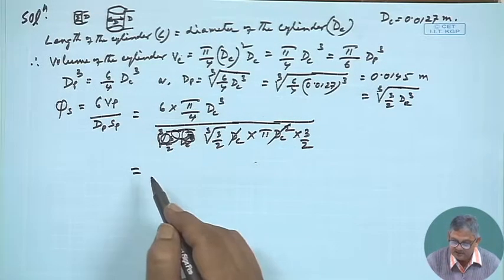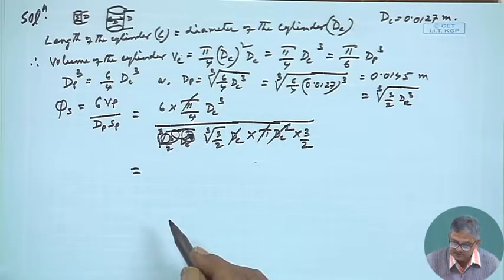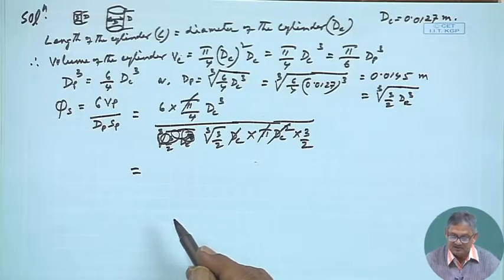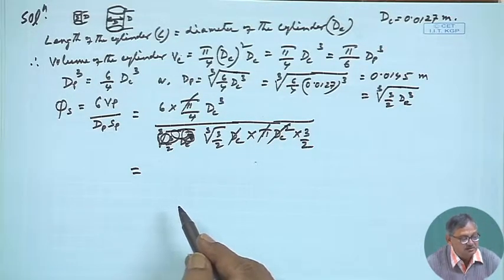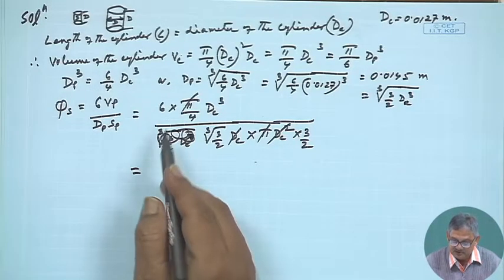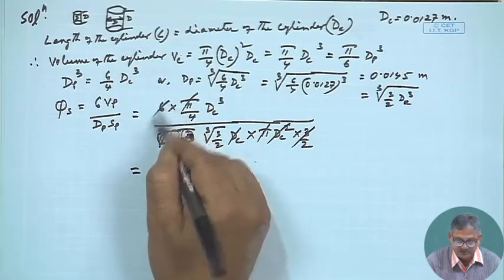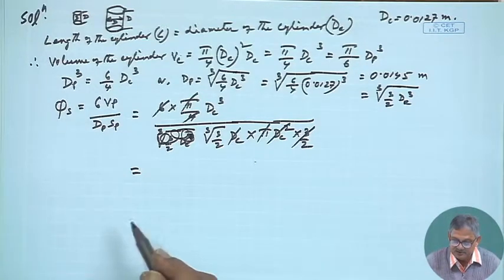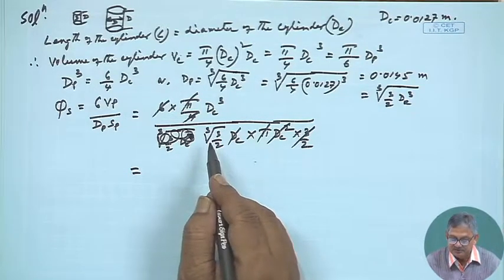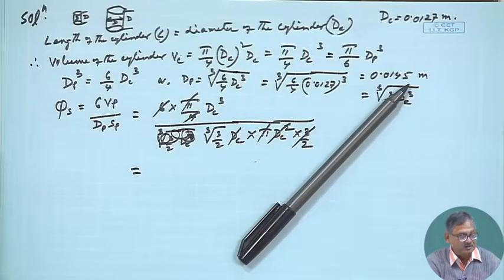This pi goes out, and 6 pi by 4 is 6 by 4, that is 3 by 2, so this goes out, right. Then it remains 3 by 2 under cube root of 3 by 2.